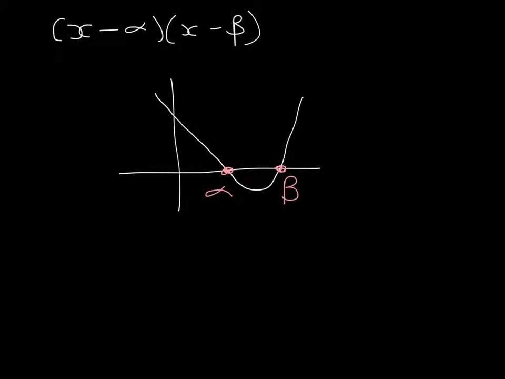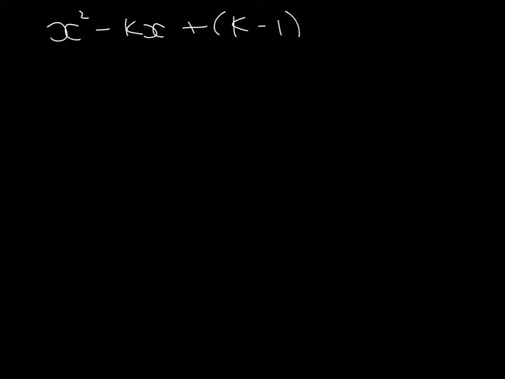So if we assume that, we're told that alpha and beta are the roots of our equation in this question. Let's assume that we can write this as x minus alpha times x minus beta. Okay, so this is the equation you're given. If we're told that the roots are alpha and beta, then we know that it can be written as x minus alpha multiplied by x minus beta.